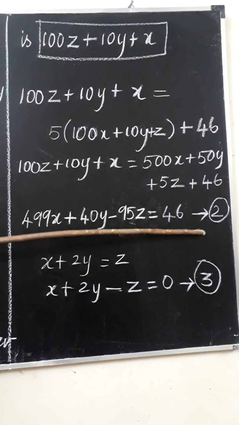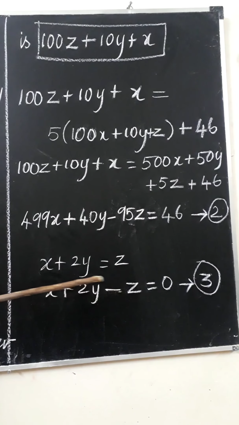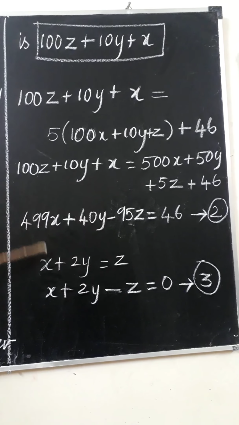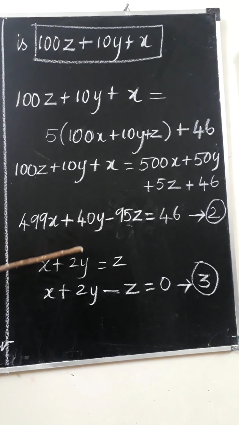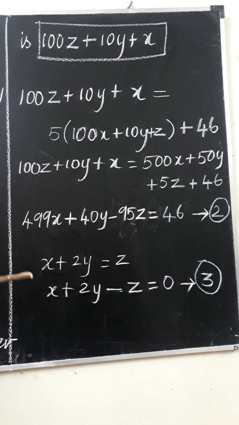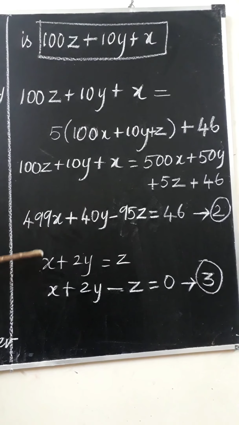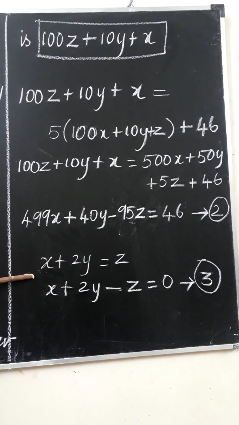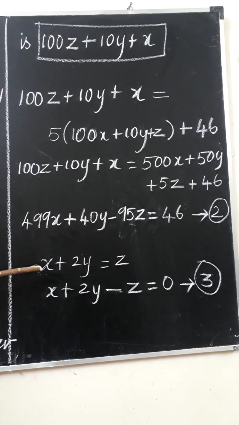Two equations are got, and the third equation: it is given that the digit in the hundreds place plus twice the digit in the tens place is equal to the digit in the units place. Digit in the hundreds place means x. Here we have to consider the digits we took at first, not in the new number. Keep it in mind.